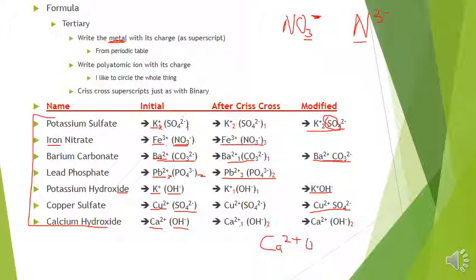I almost guarantee you that I will see some students write this answer like this. Okay, and that's wrong. You have to put the parentheses around it. Whenever there's more than one of the polyatomics, you have to put parentheses around it. Okay, so hopefully this helps you with the ionics.